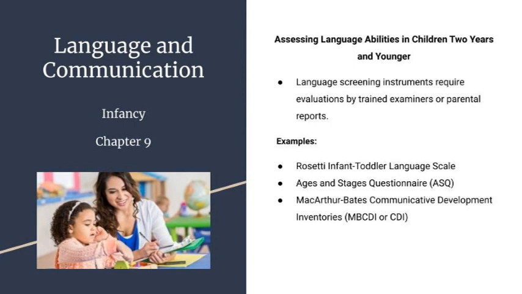The last one we looked at is the MacArthur-Bates Communicative Development Inventories, which is also known as MB-CDI or CDI. This tool assesses both receptive and expressive abilities in children younger than 2 years of age. Parent reports and checklists are used for this assessment tool.